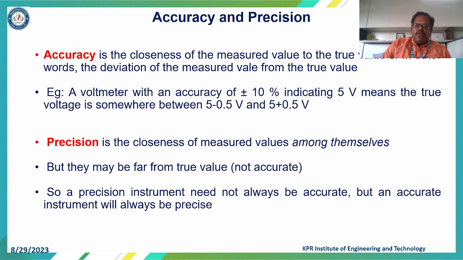If you are measuring 5 volts, there may be a variation of plus or minus 0.5. And precision is the closeness of measured values among themselves, but they may be far from the true value. So a precise instrument need not always be accurate, but an accurate instrument will always be precise.